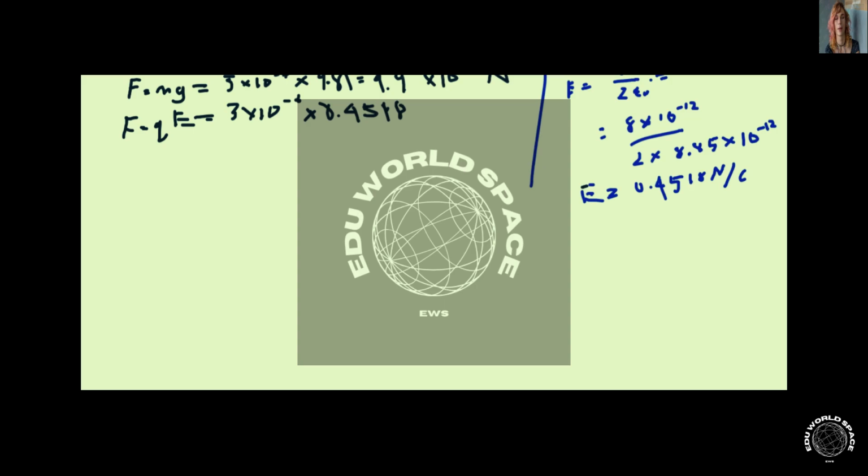So it's 3 times 10 to the -6 times 0.4518, which gives us a value of 1.355, or let's just do 15 times 10 to the -6 newtons.